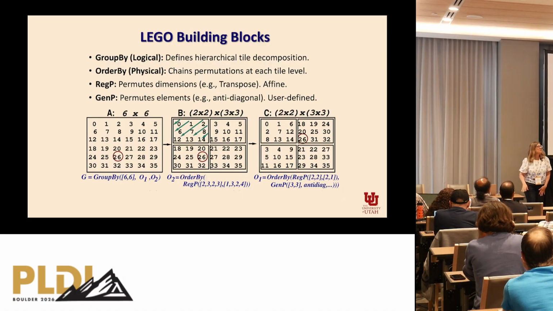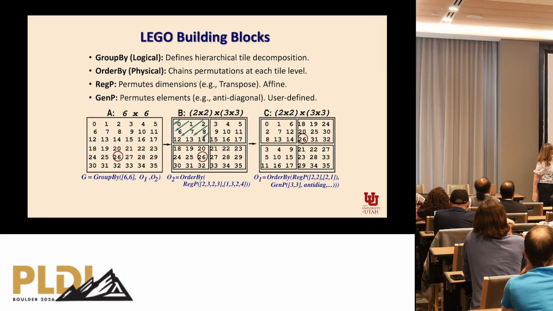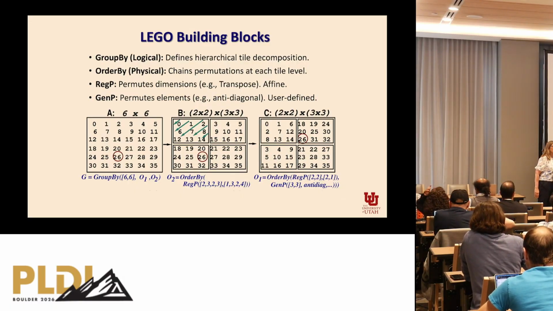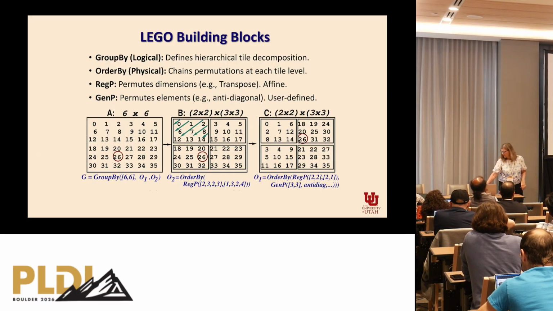Okay. I think I'm going to go fast through this slide because I want to get to the end of the talk. But this is a description of the building blocks. And so we're describing the original layout with this group by. We're then tiling it with order by to produce this four-dimensional 2x2 by 3x3 grid. And then we actually introduce the anti-diagonal, which is an arbitrary user-defined bijective mapping in the last box.